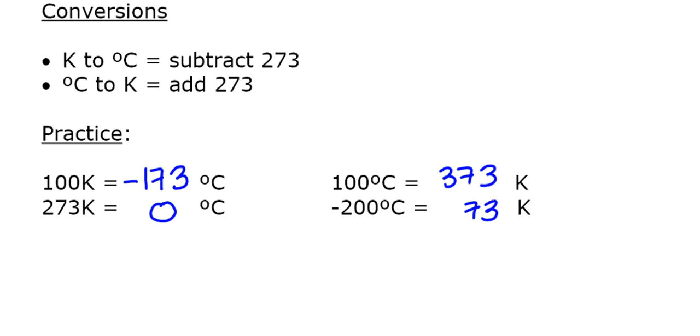So now that we've done some background work on the kinetic molecular theory, how gases behave, we've learned about temperature and pressure, now we're going to try out some calculations with gas laws. So what are some gas laws? We're going to learn about 3 in the lesson today.